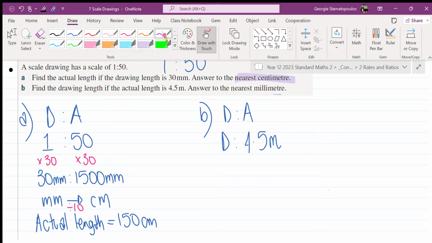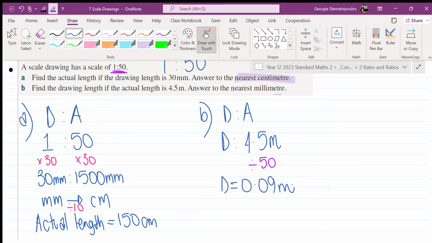What are we going to divide by? We look back at our actual scale and we need to divide by 50. So our drawing length equals 0.09 metres. But if you look at the question, it states to the nearest millimetre.